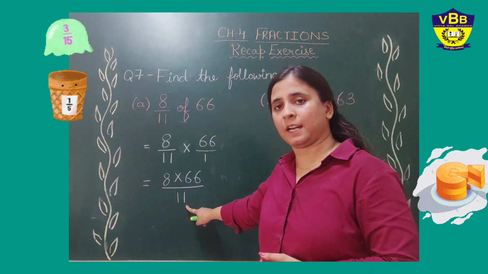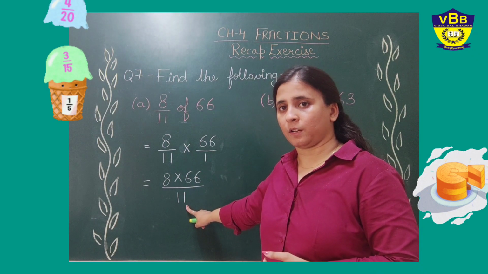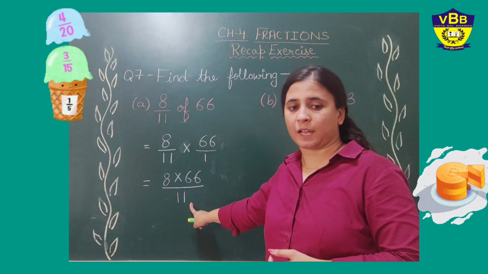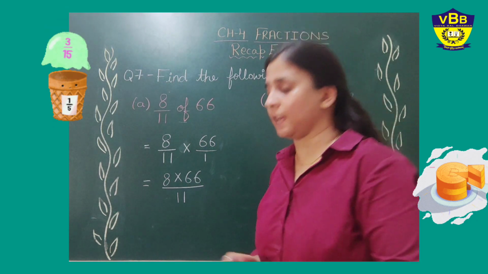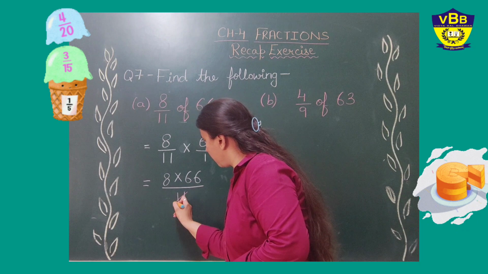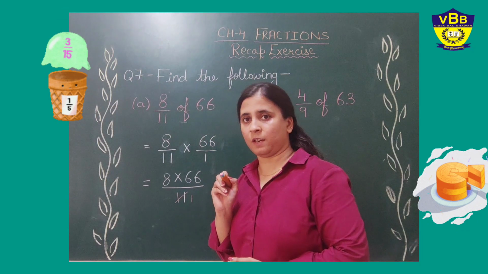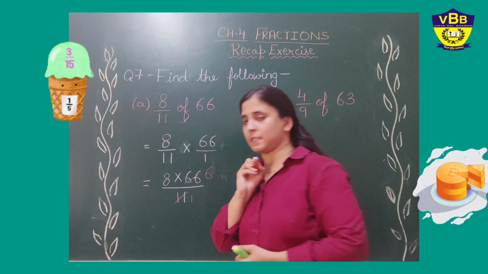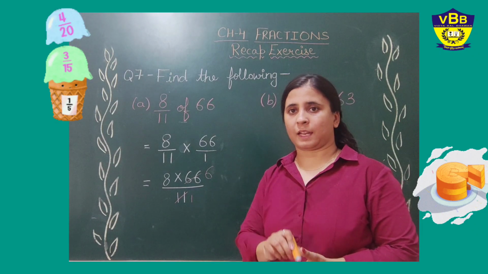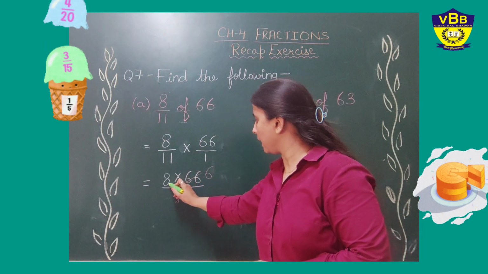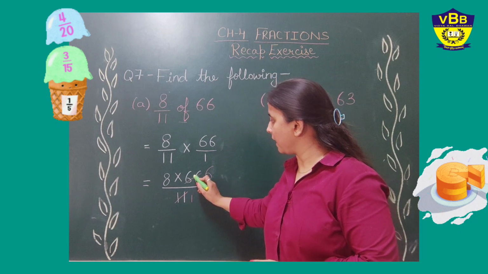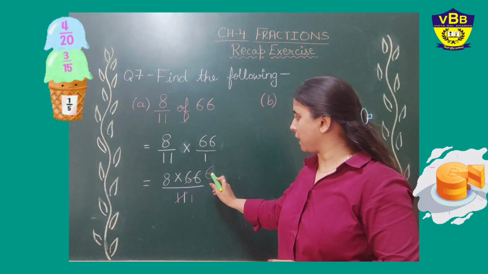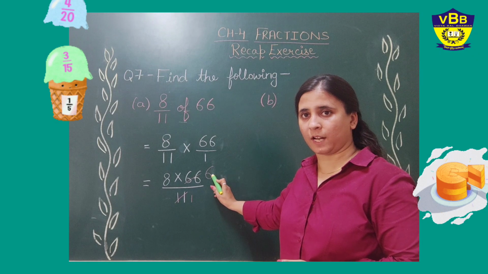Can we divide our digit with the denominator? Yes, we can divide 66 by 11. 11 ones are 11 and 11 6s are 66. I have divided 66 by 11. 11 becomes 1. 66 becomes 6 after dividing.